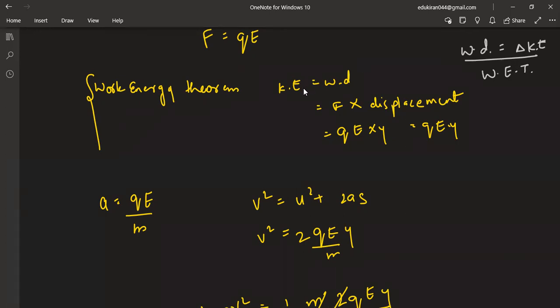So here, work done is, and the formula of work done is force into displacement. Here force is QE and displacement is y. So QE into y, this is work done. So this is exactly the kinetic energy. Clear?